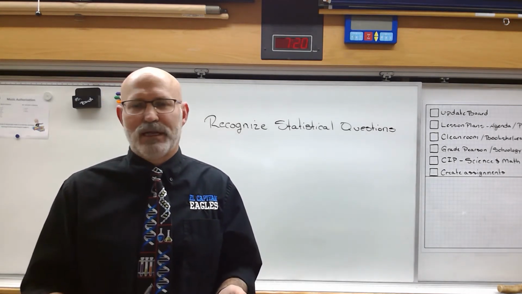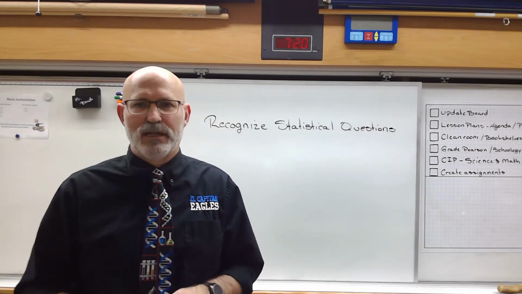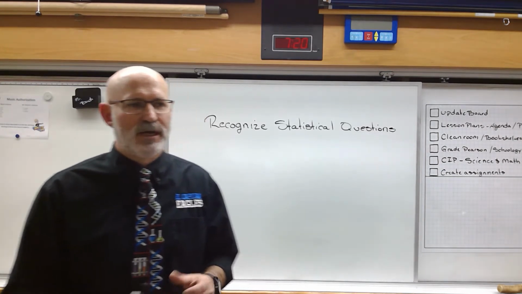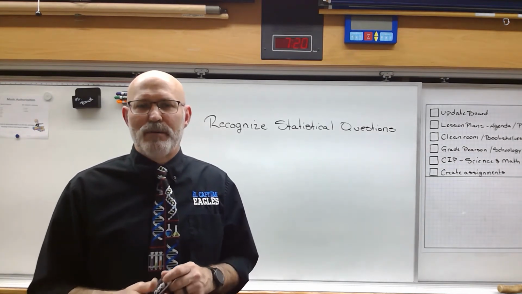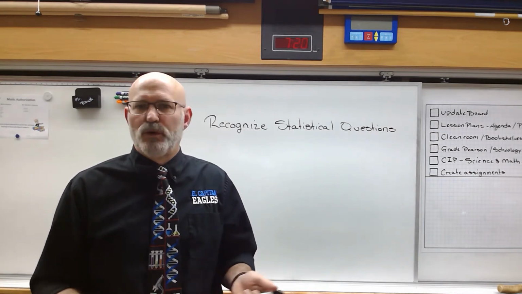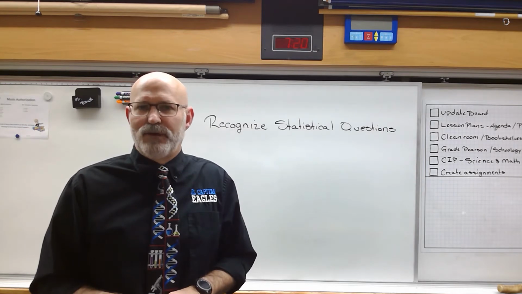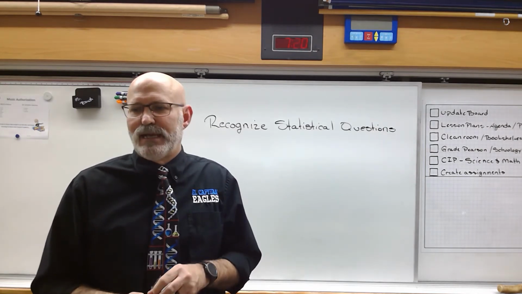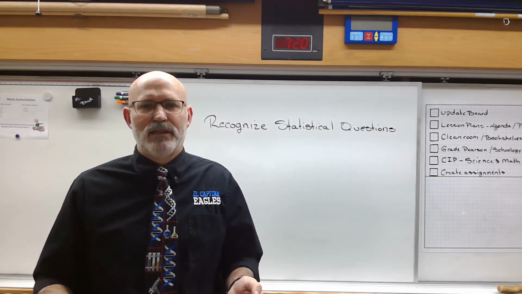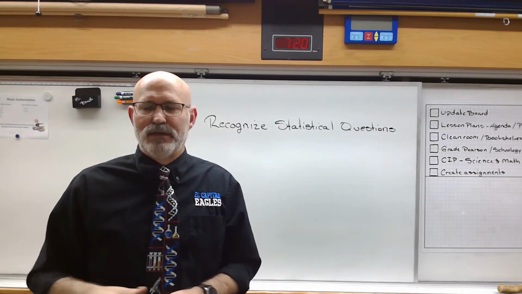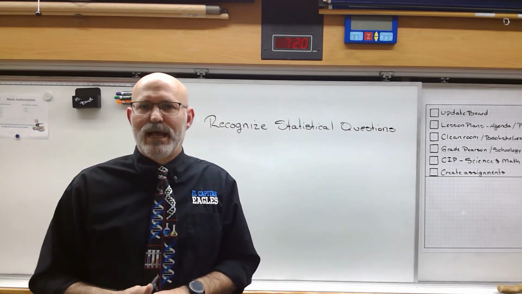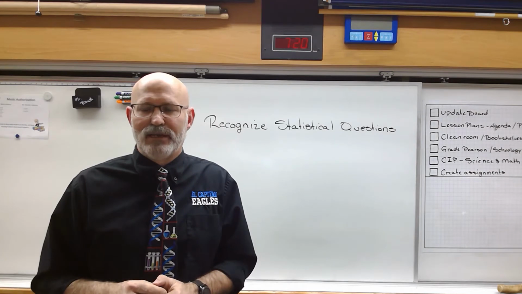A non-statistical question only has one answer. You can't graph it because it just flatlines. There's nothing to graph. It's like if I said, how many pennies are in a dollar? There's only one answer. There's 100. I can't get a variety of different answers. But if I were to say, what is the height of all of my students in the classroom, now that has a variety of different answers.